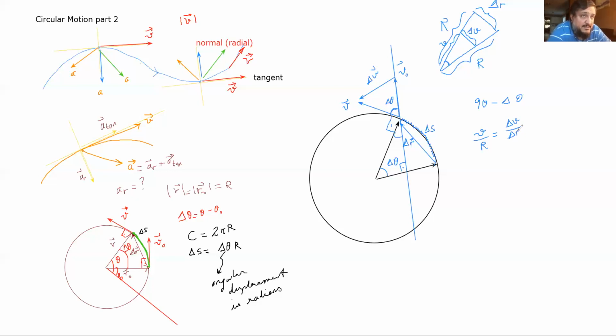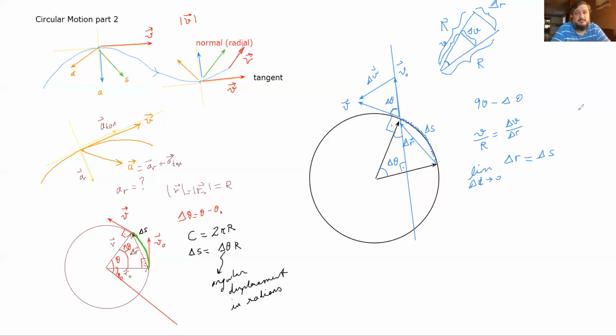Now, what if I look at this movement for a very small time interval? I talked about taking the limit the other day. So, limit when delta t goes to 0, which means really small delta theta. Now, in that limit, delta r, which is normally shorter than delta s, becomes delta s.